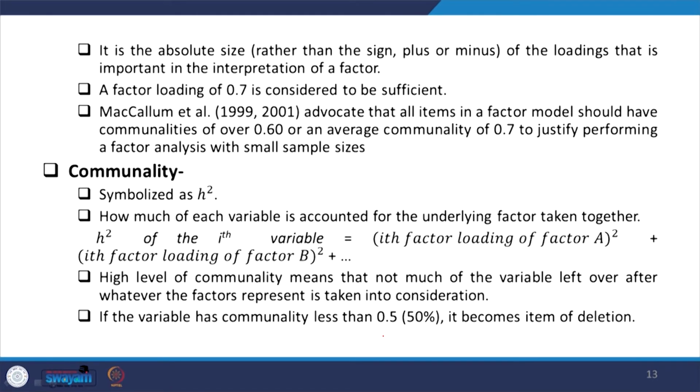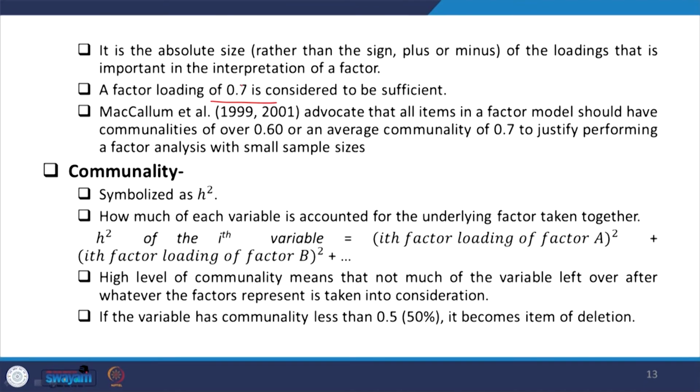Now, to mention it very clearly, as a standard thumb rule for interpretation or explanation, a factor loading of 0.7 is considered to be sufficient. Okay, as per different estimations. Now, MacCallum et al., 1999-2001, advocate that all items in a factor model should have communalities of at least 0.6.